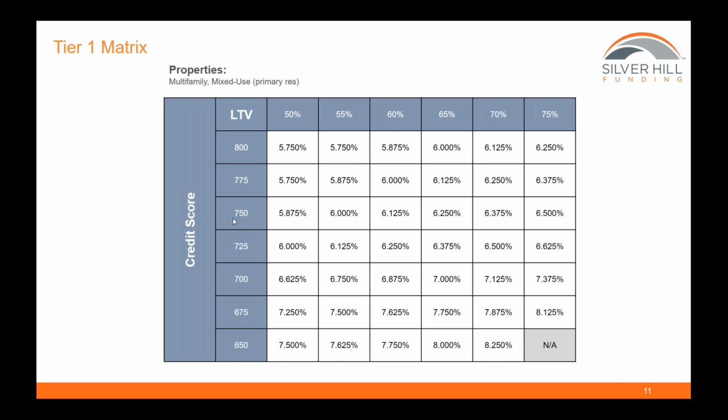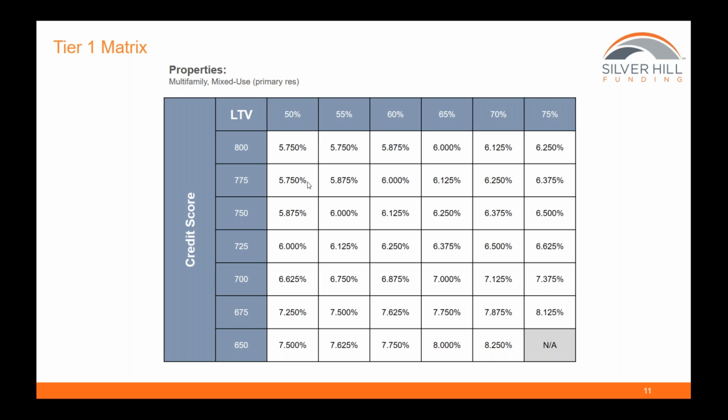And as you can see, we have tiers, credit score to LTV. Obviously, high credit score, low LTV, you're going to have the best rates. Low credit score, high LTV, you're going to have the worst rates. Typically our average rate is probably around 6.5, and that's including yield spread. We are writing some loans in the high 5s for those higher credit scores.